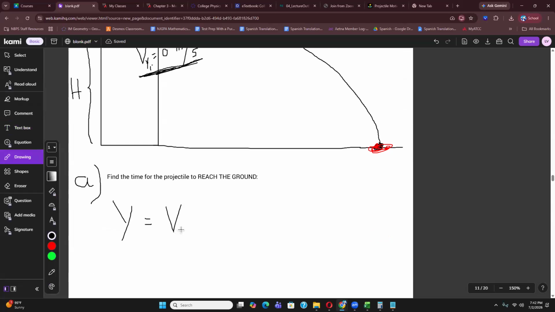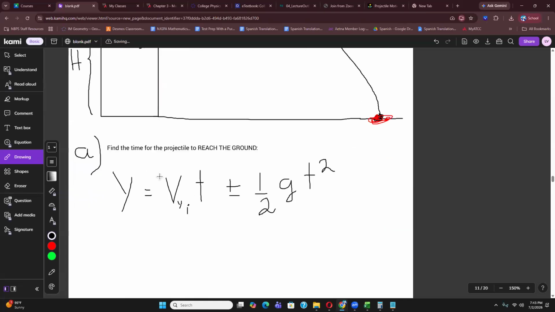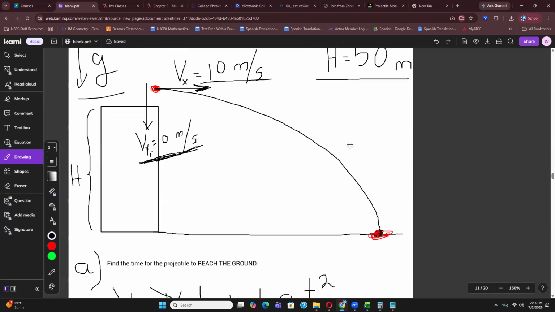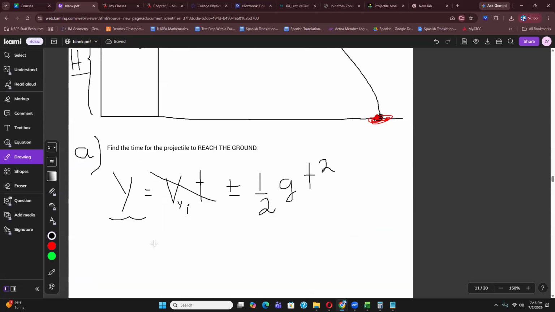Yep. Vy initial times time plus or minus 1/2 gravity times t squared. Vy initial is how much? 0. What's the value of y? H, which is 50.